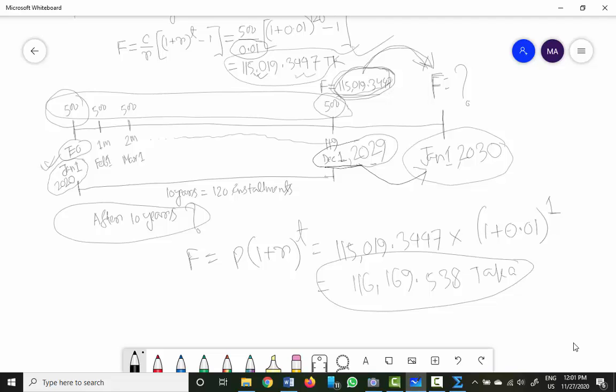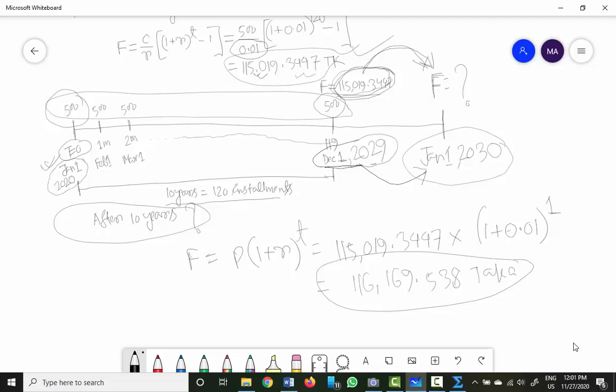I will repeat again. If you have started your first payment on January 1 2020, and the account matures after 10 years, that means 120 installments, then December 1 2029 will be your last deposit.